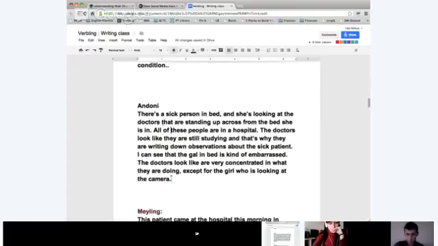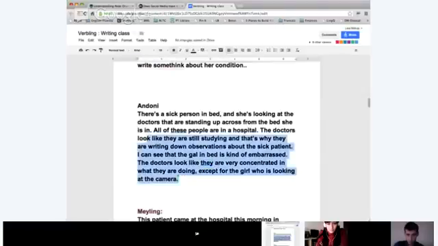I can see that the gal in bed is kind of embarrassed. The doctors look like they are very concentrated in what they are doing, except for the girl who is looking at the camera. Great. Okay, just those 2 corrections, the these here and include the they. Okay? That's good.